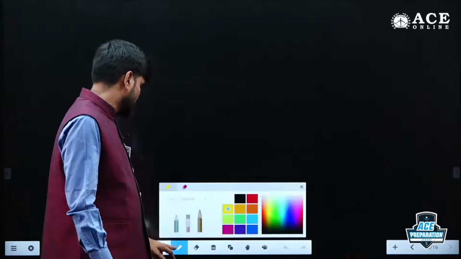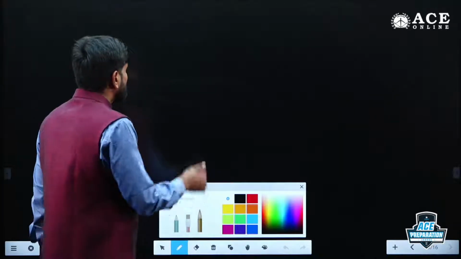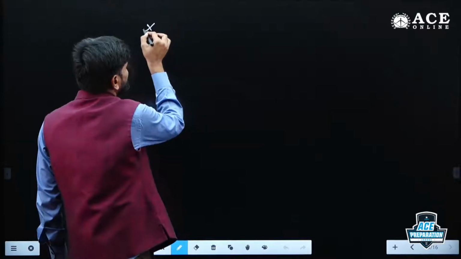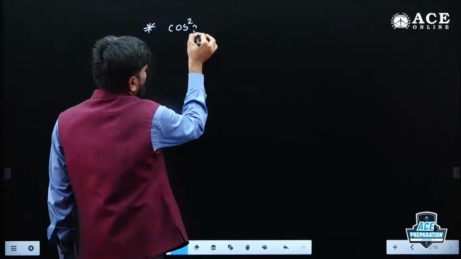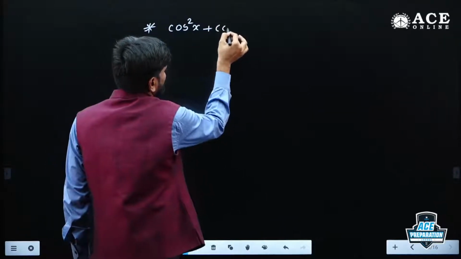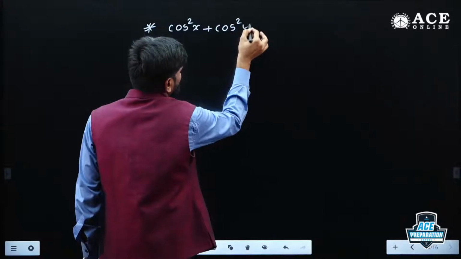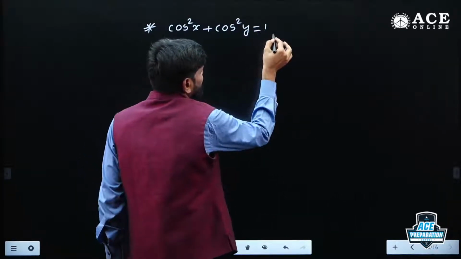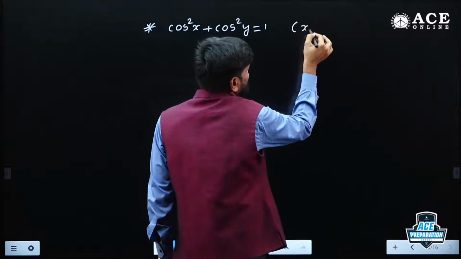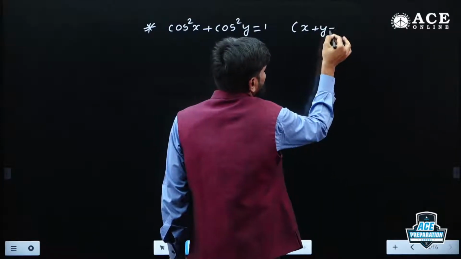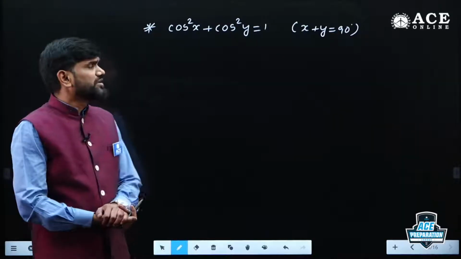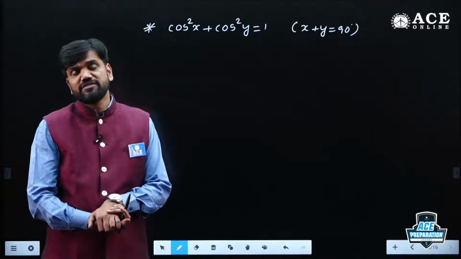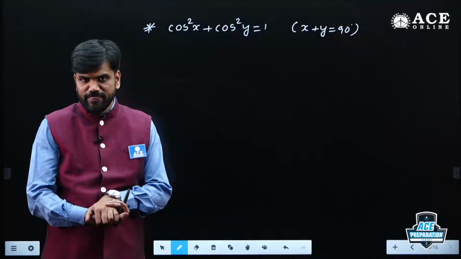Similarly, there is one more identity. Like we have seen sin square x plus sin square y equal to 1, we can say that cos square x plus cos square y is also equal to 1, provided x plus y is equal to how much? When x plus y together is adding up to 90 degrees. In such a case, cos square x plus cos square y will also be 1, right?